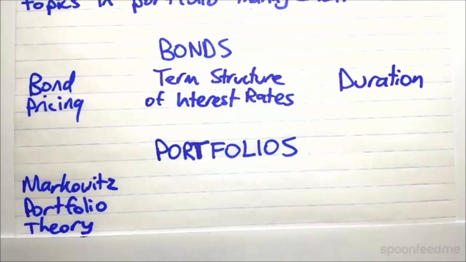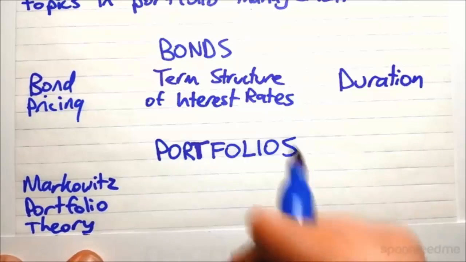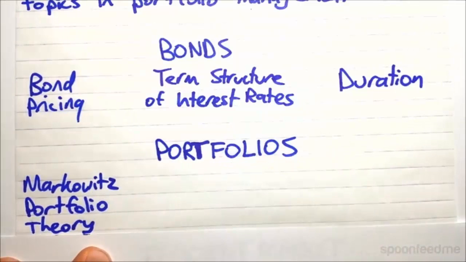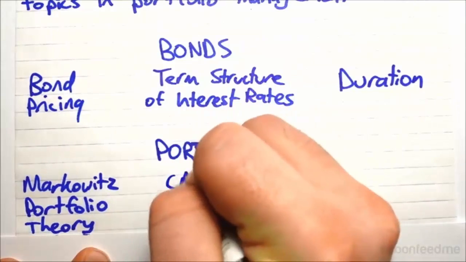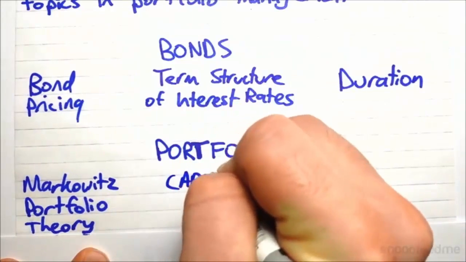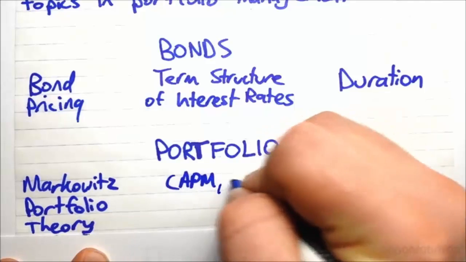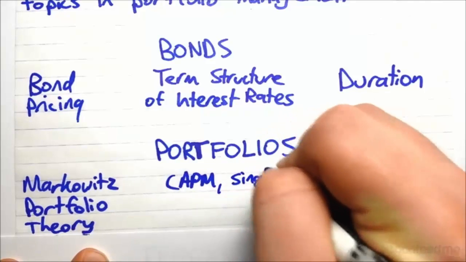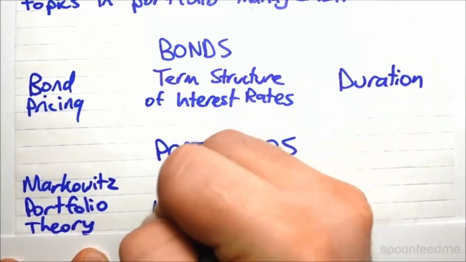And so we can then build on this knowledge of Markowitz portfolio theory in order to see how we can arrive at certain pricing models, such as the capital asset pricing model, or CAPM, and the single index model and factor models.